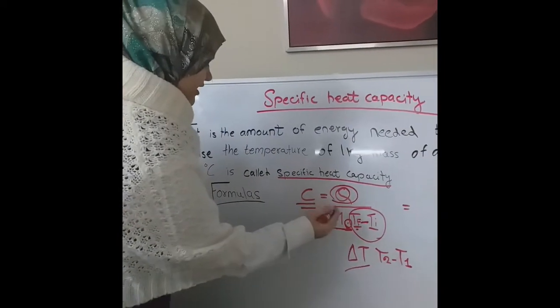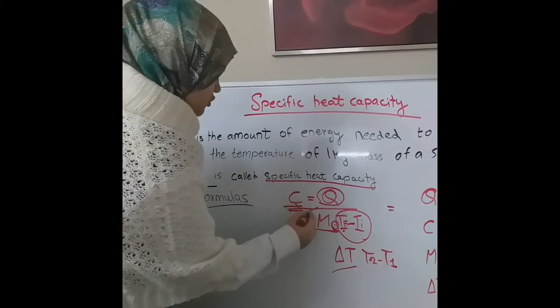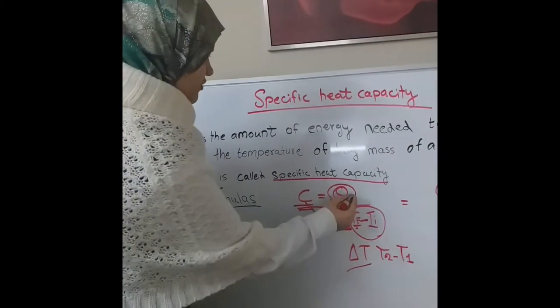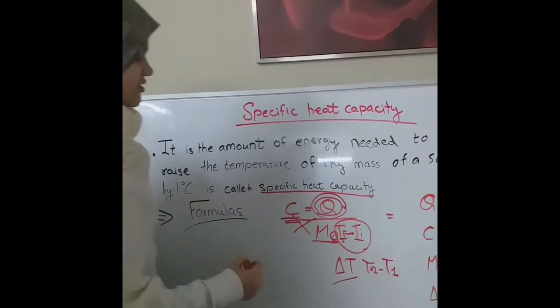So we can crisscross to bring the formula for heat gained or lost.